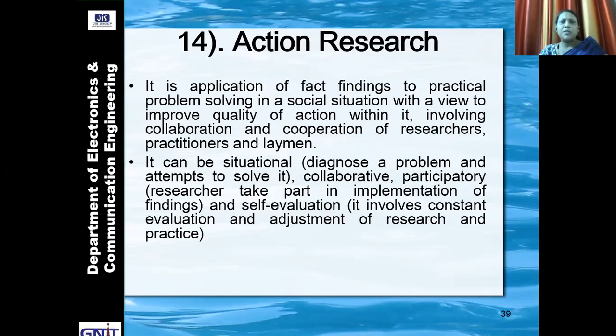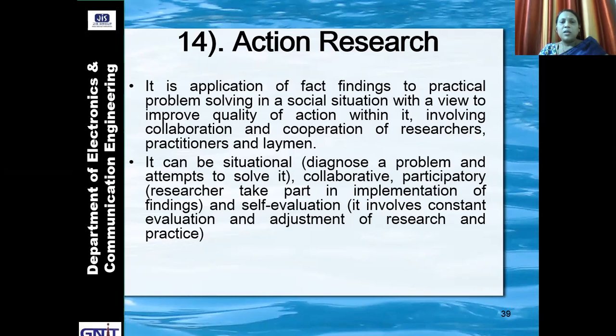Actually, action research is the application of fact findings to practical problem solving in a social situation with a view to improve the quality of action within it, involving collaboration and cooperation of researchers, practitioners, and laymen. Again, I repeat, it is application of fact findings to practical problem solving in a social situation with a view to improve the quality of action within it.